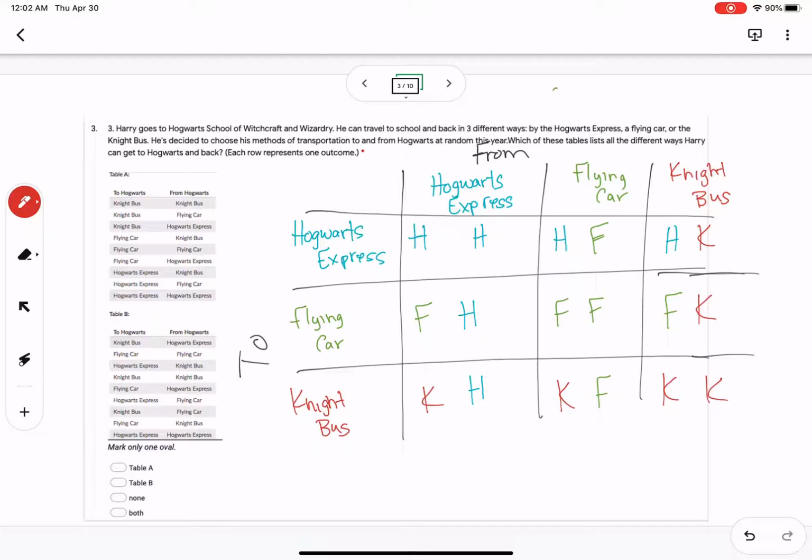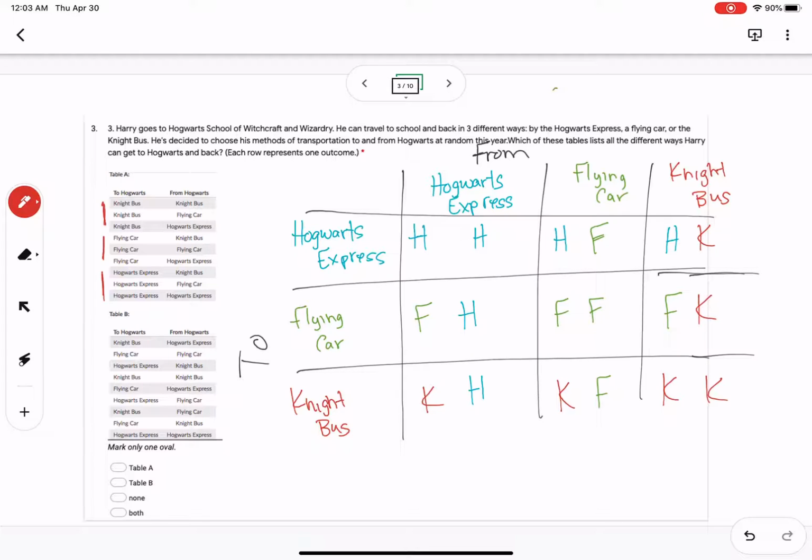Okay, so now we just need to go through and look. So table A, if you notice, it lists it by Knight's bus, flying car, Hogwarts Express. Okay, table B, it's a little bit more random, right? It doesn't really have as much of an order as table A does.